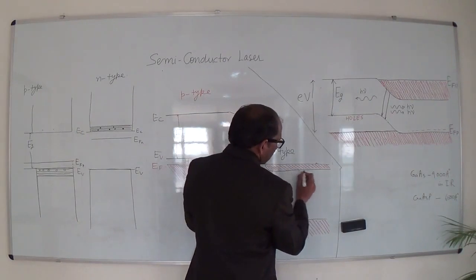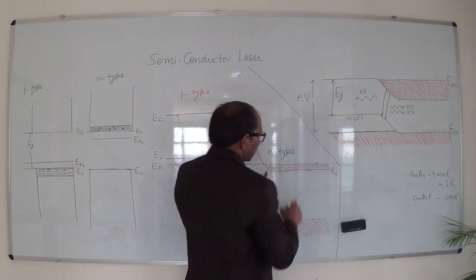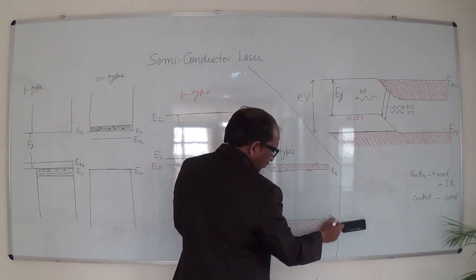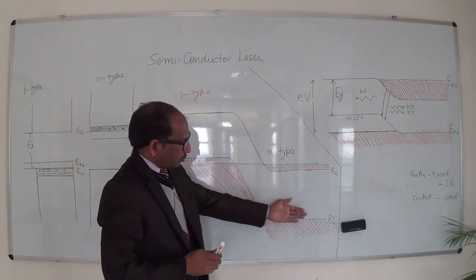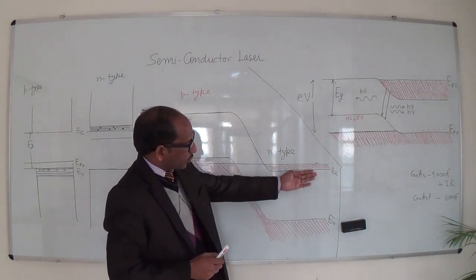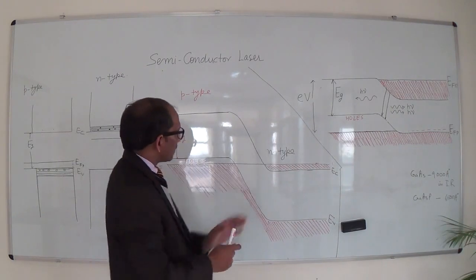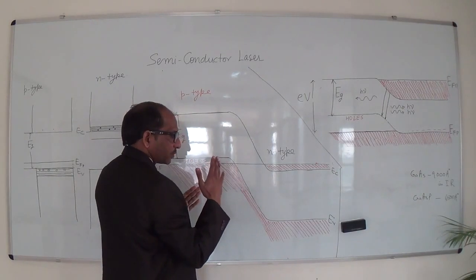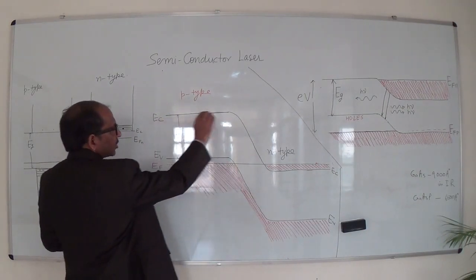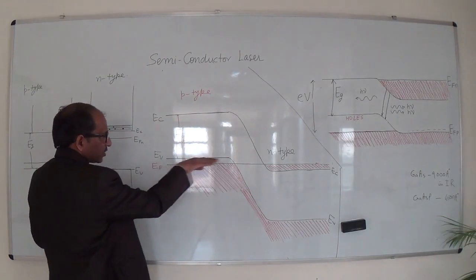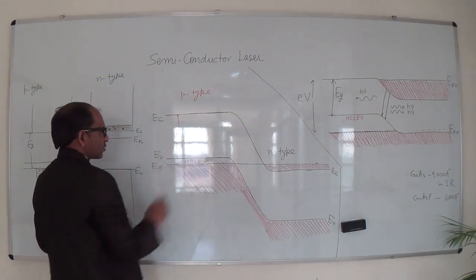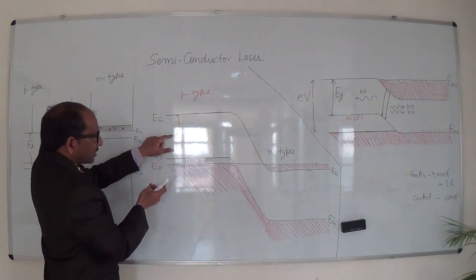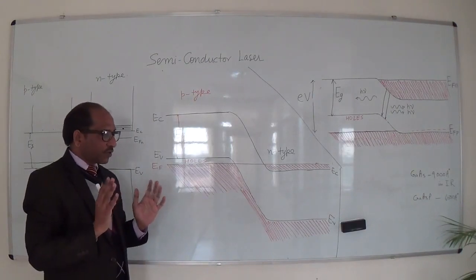In n-type semiconductor, this is the valence band, EV, the top of the valence band, and the bottom of the conduction band. This slope is known as the internal barrier of the p-n junction, and this is the top of the conduction band, and this is the top of the valence band. The gap between the conduction band and valence band is known as the energy gap.